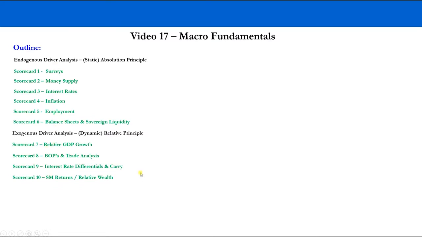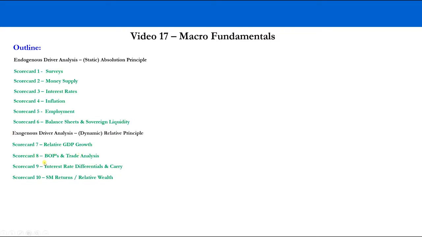So what we're going to be looking at in this section of the video series is the exogenous driver analysis and scorecards 7, 8, 9, and 10. We're going to start with relative GDP growth, measuring the GDP growth of the United States versus Australia. And what we're going to be looking for is the differential between the two.